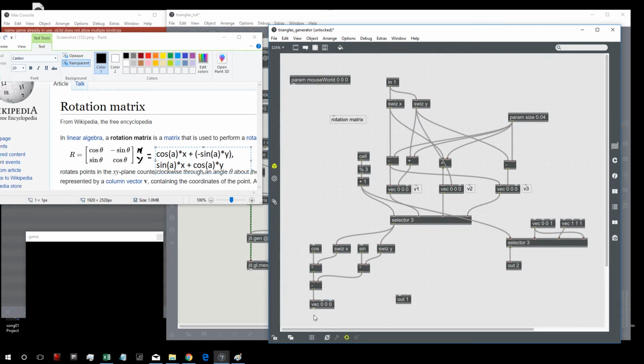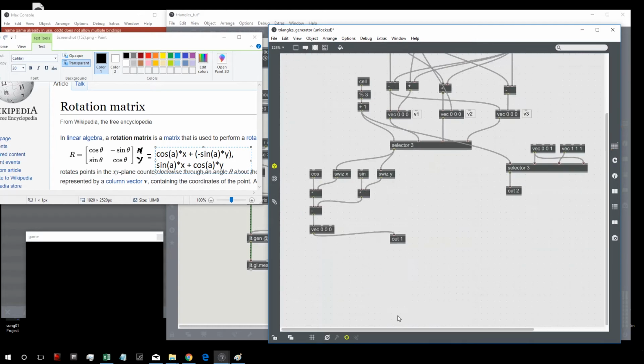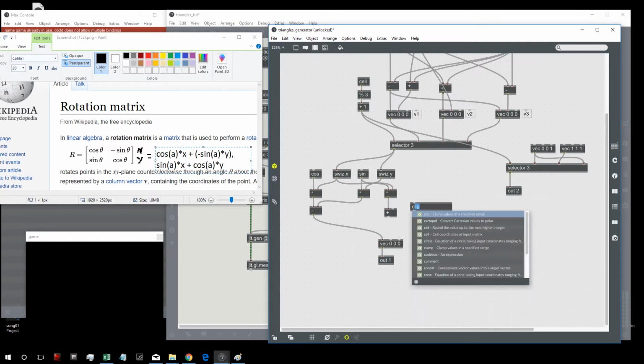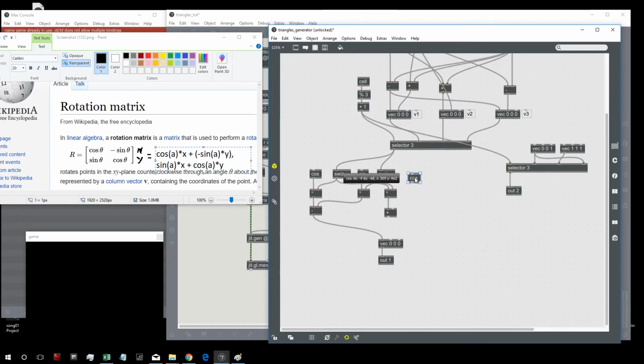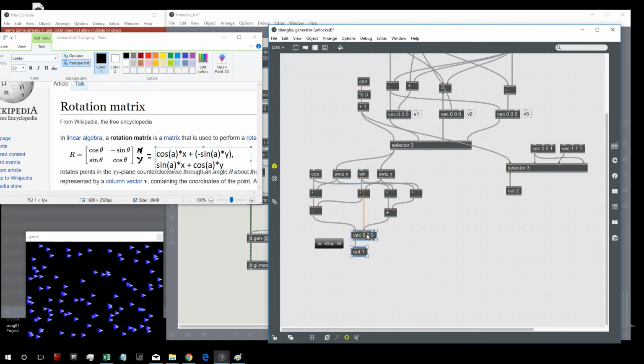And then we need our epsilon, that will be basically the sine of the angle, which we already have, multiplied by x in this case, plus the cosine of the angle, which we already have here, multiplied by epsilon. And this will sum together, this will be our new epsilon.